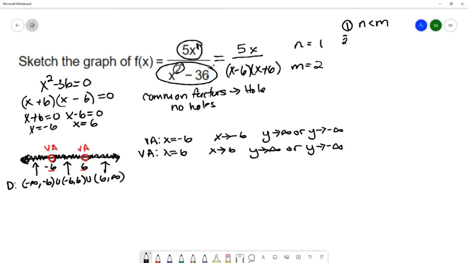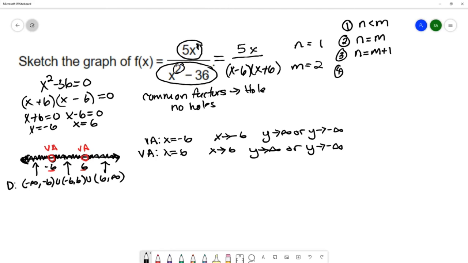The second case we pay attention to is when the degrees are equal to each other. So the degree of the numerator is equal to the degree of the denominator. The third case is that n is m plus 1. The degree of the numerator is 1 more than the degree of the denominator.